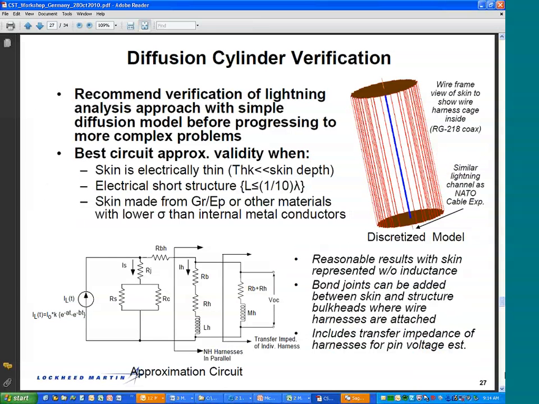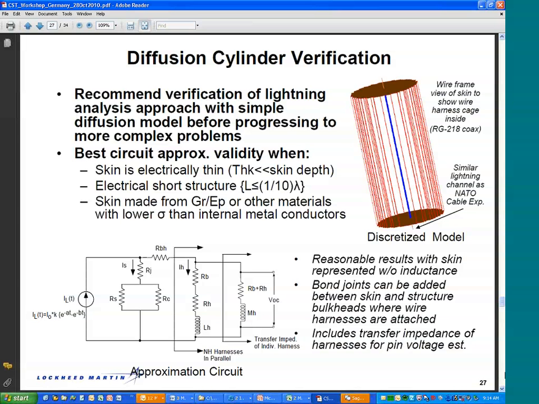Okay, and one other thing: when you try to get the diffusion characteristics correct in your modeling, you need to make a simple model first. Don't just say, okay, first time I'm trying to represent diffusion in my model, so I'm just going to take this big structure and make my model with it. Well, I would recommend that you look at a smaller model and get your feel around that model with an equivalent approximation circuit and see, is my model behaving properly?